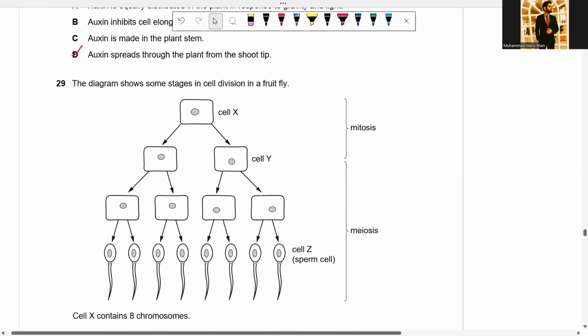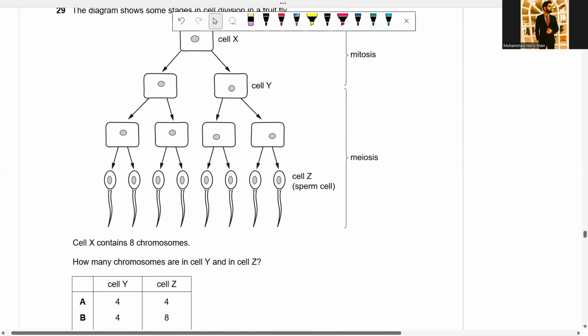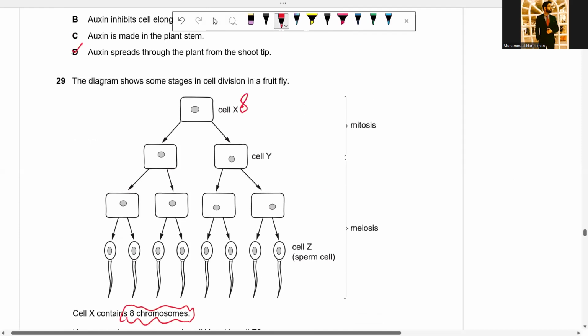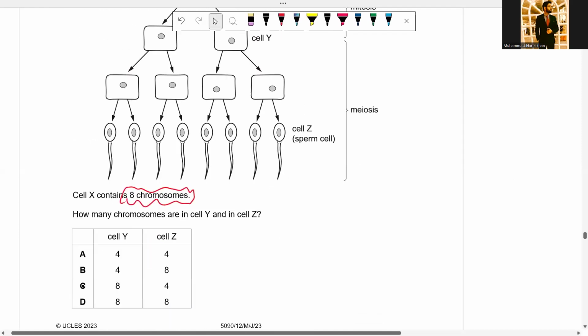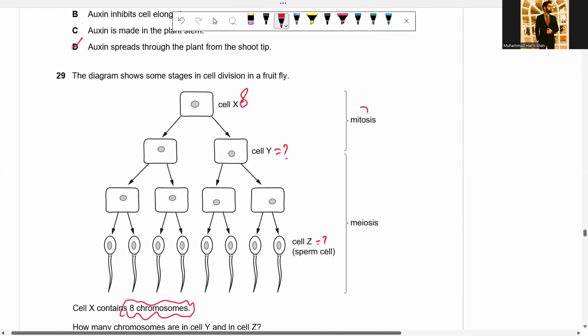The diagram shows some stages in cell division in a fruit fly. Cell X, mitosis. Cell X contains 8 chromosomes. How many chromosomes are in Y and Z? So first you look at the process. In mitosis, the number of chromosomes remains the same.